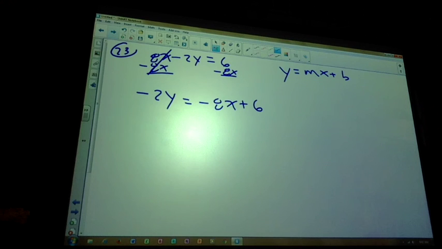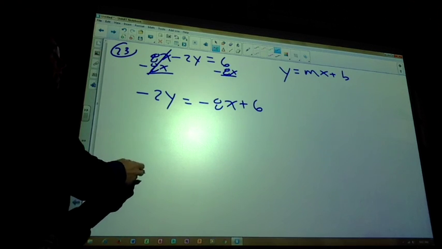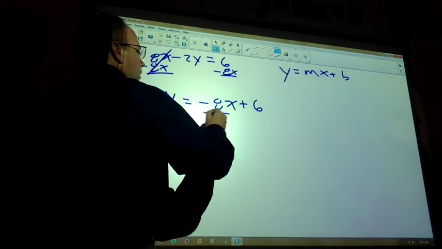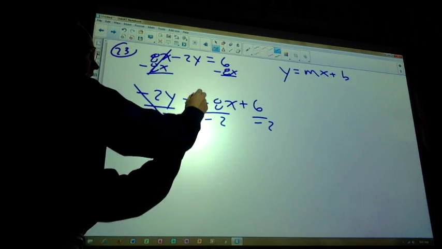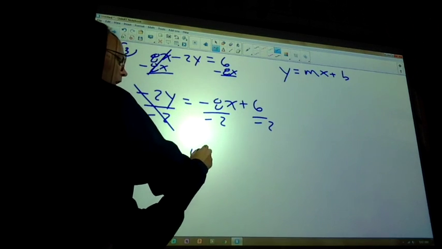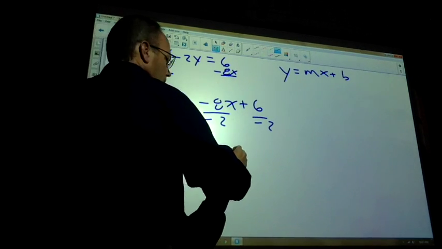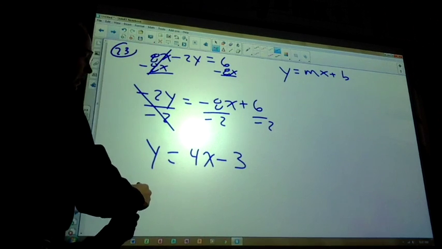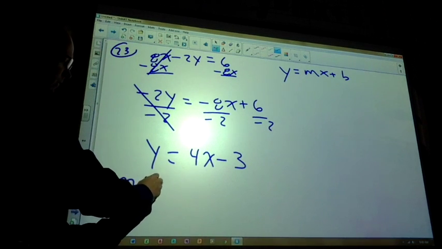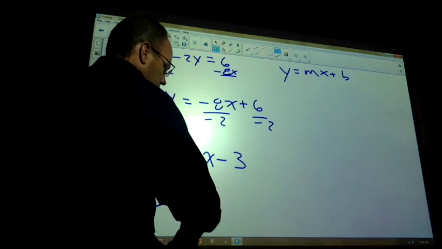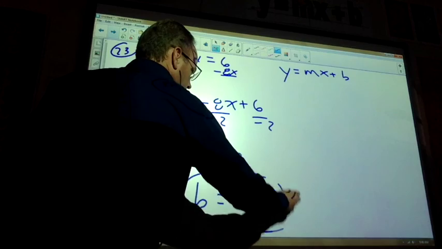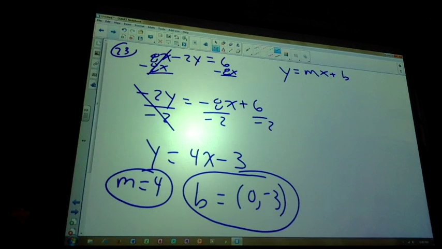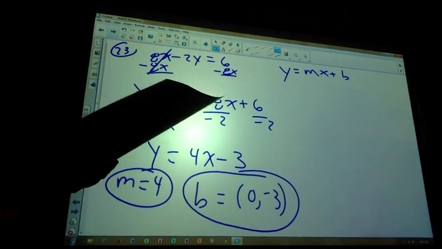Because 6 is positive. All right. How do I get y by itself? What should I do to everything? Divide by negative 2. There you go. So reduce. Negative over negative is positive. So that's 4x plus negative 3, or just minus 3. Good. And so my slope is going to be 4. And my y-intercept is going to be 0, negative 3. That's it. That's all we got.